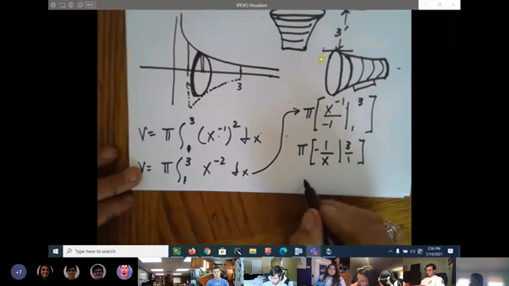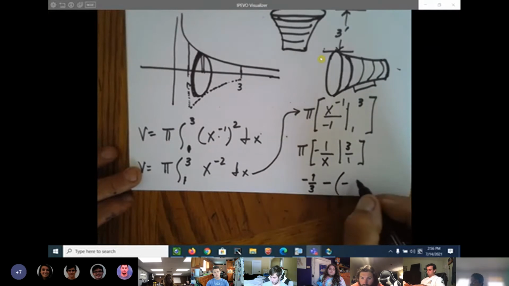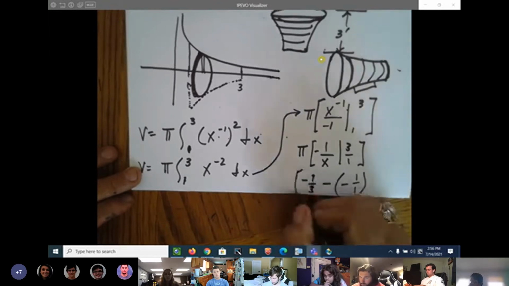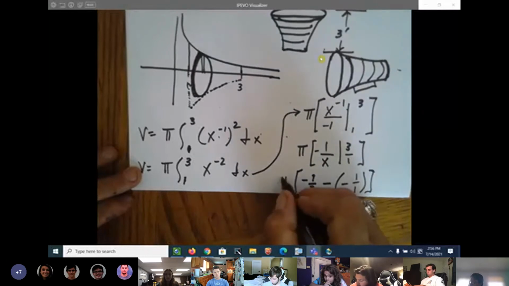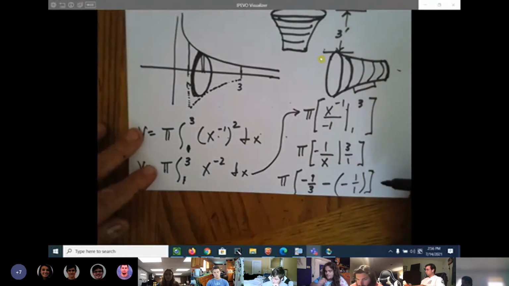It's going to be negative 1/3 minus a negative 1 over 1, times pi. Well, that's going to be negative 1/3 plus 3/3, which is 2/3. So I think that's going to be 2 pi over 3. Somebody check me, please.